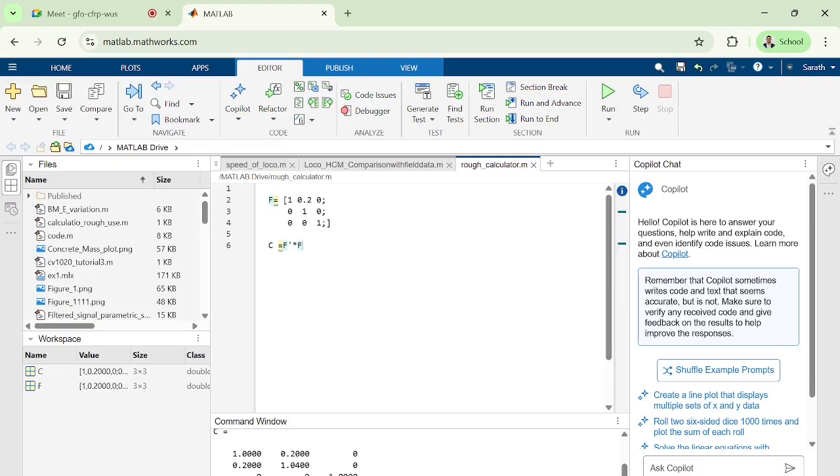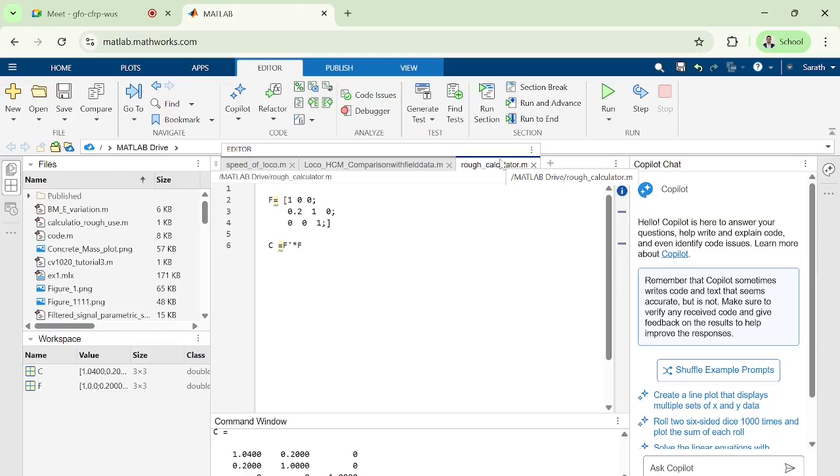So F transpose. Oh, I guess I have written it wrongly. Yeah, now I will get it. Yeah, it's correct. So I'm getting 1.04, 0.2, 0, 0.2, 1, 0, 0, 0, 1. Right? That's it. So this is my C, the Cauchy-Green deformation tensor.